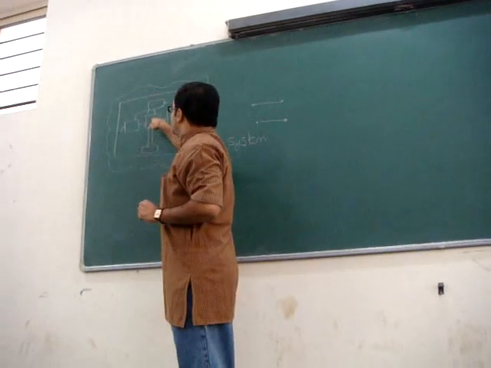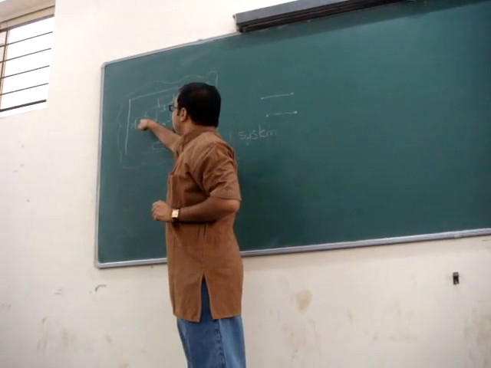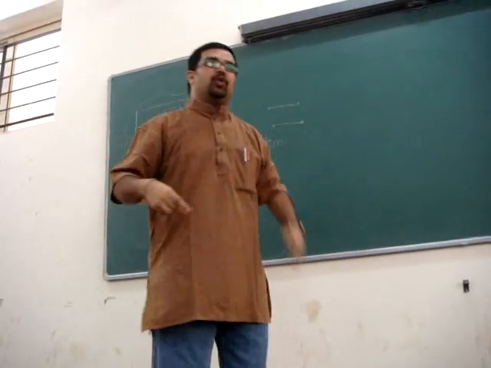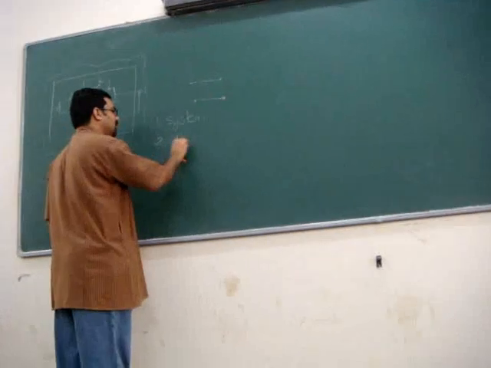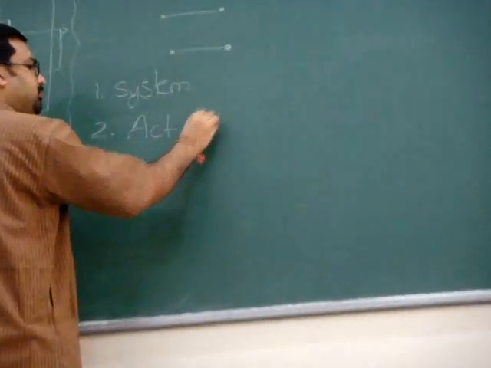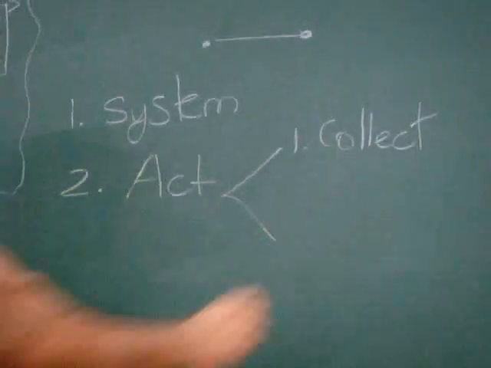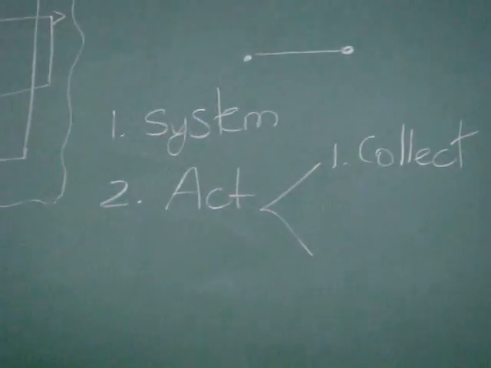Before processing, the system takes the input. It should collect, let us say. So the main activities are, one, it should collect the information. Now see, this is not as simple as we say.